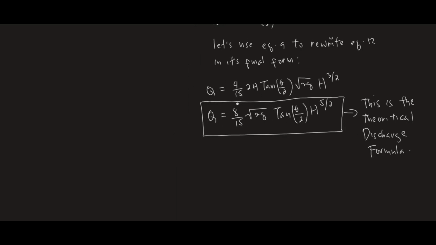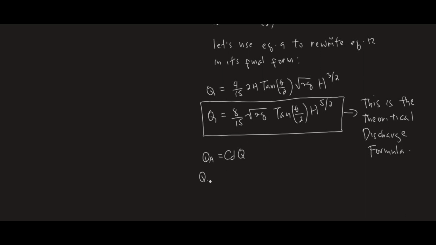So this is the theoretical discharge formula for a triangular weir, which we have just derived by applying the concept of a single integral. To determine the actual discharge, we simply multiply the theoretical discharge by the discharge coefficient CD.